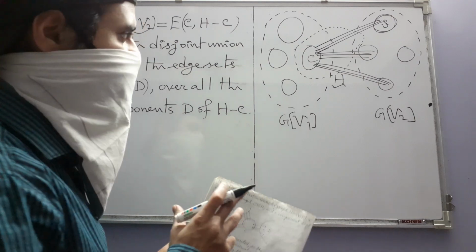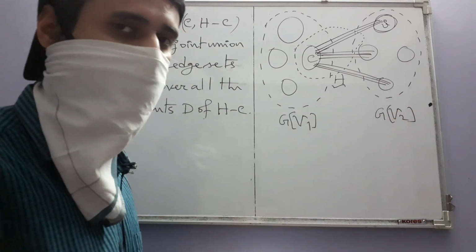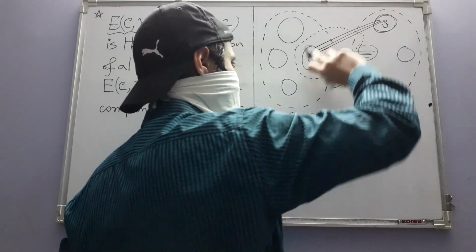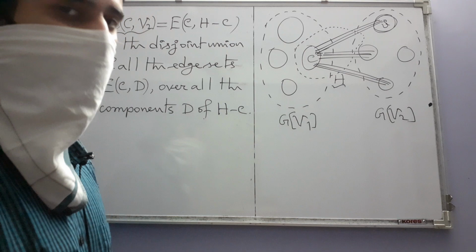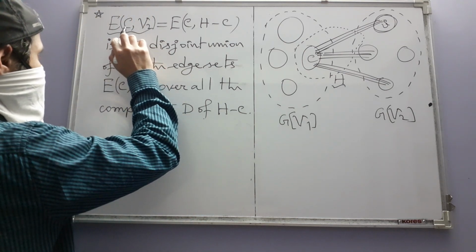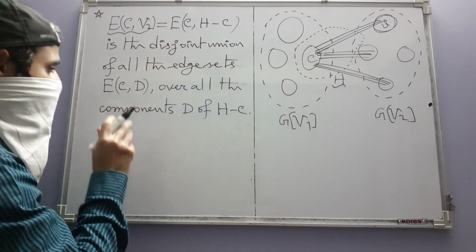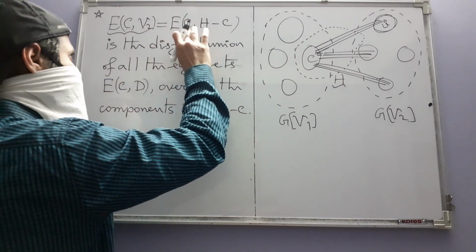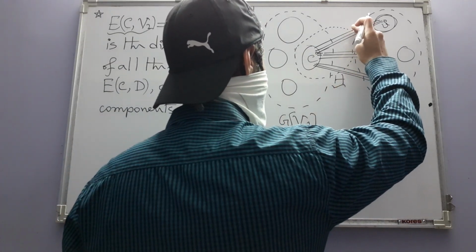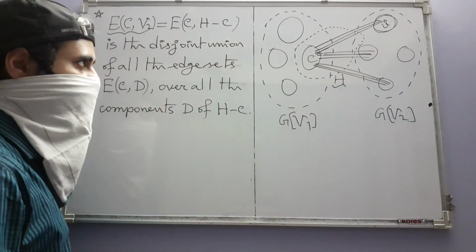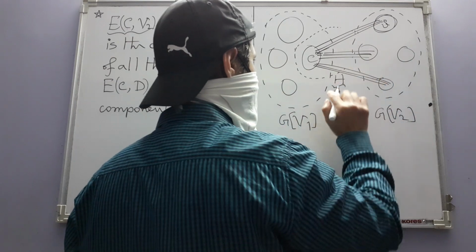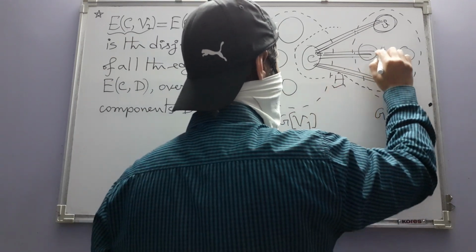By the definition of a component, it's a maximal connected subgraph. So if there is a connection, it will be engulfed by H itself. Okay, so that is why whenever you are considering edges between C and V2, actually you are considering edges between C and H minus C. So whatever is happening will happen from within H itself. So if there are connections like this, then they will be inside H itself.